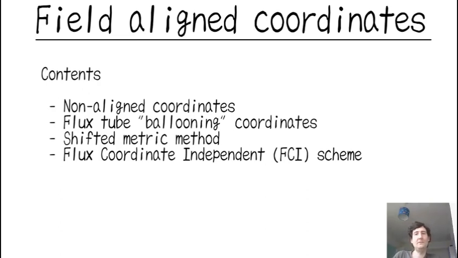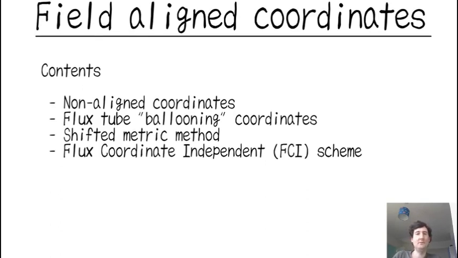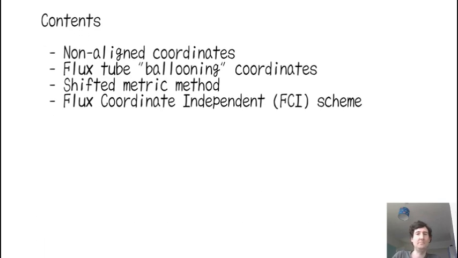Then there's a variation attributed to Dimits and Bruce Scott, I think separately, called the shifted metric method, with slight variations on this. And more recently, in the last few years, the FCI, or flux coordinate independent scheme. These all have some advantages and some disadvantages, and I'll try and explain them.